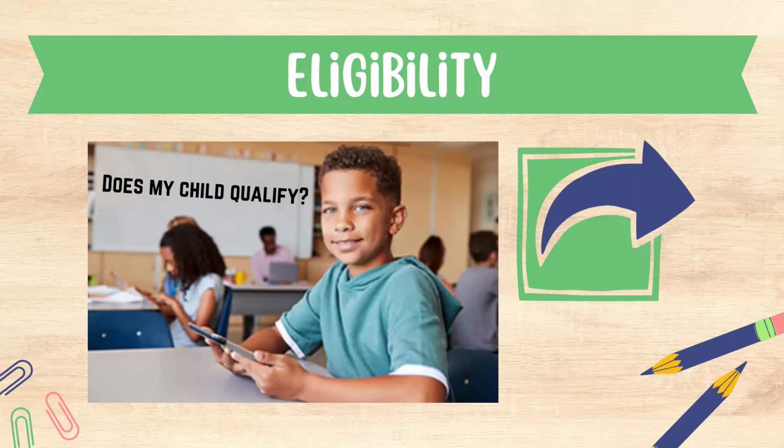caring for oneself, performing manual tasks, seeing, hearing, eating, sleeping, walking, communicating, breathing, standing, lifting, speaking, reading, learning, concentrating, thinking, working, and bending are all listed as major life activities.